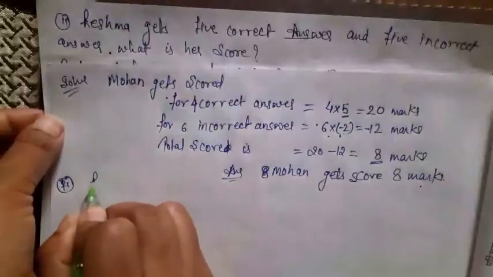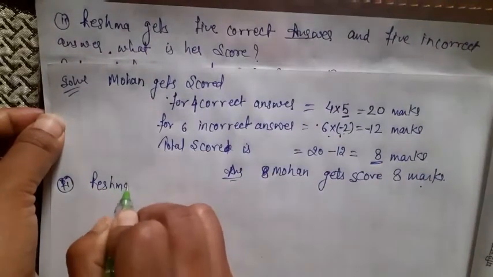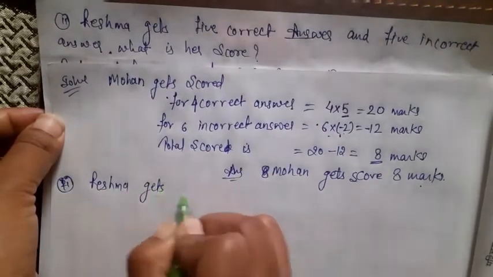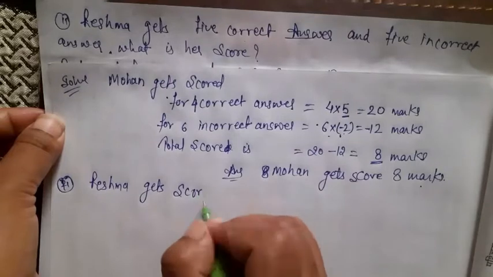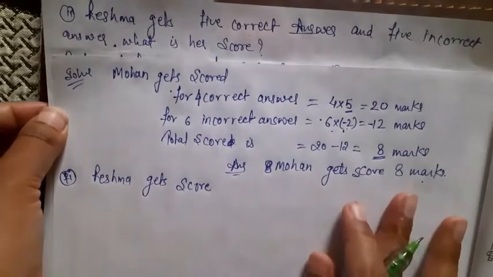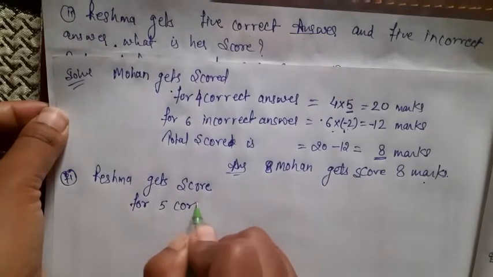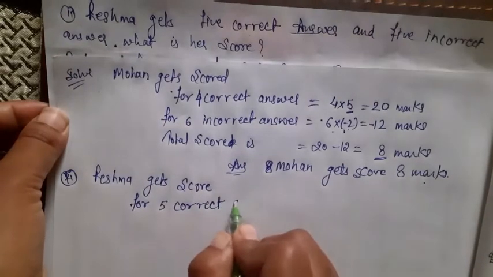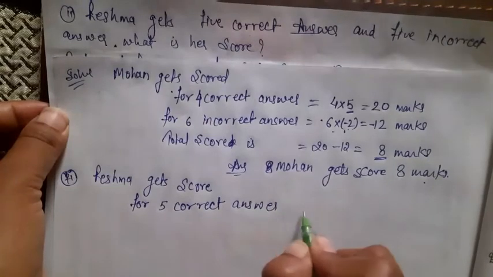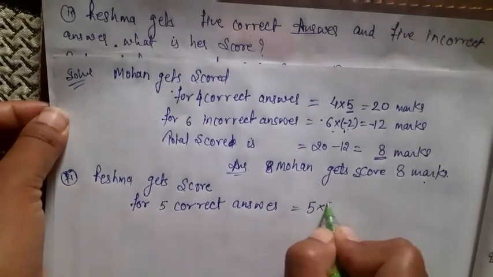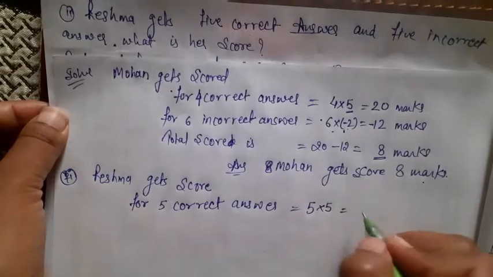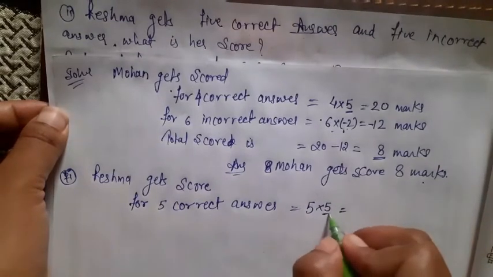So Reshma gets score. Here for 5 correct answers, so here 5 multiply 5, because for correct answer 5 marks are given.